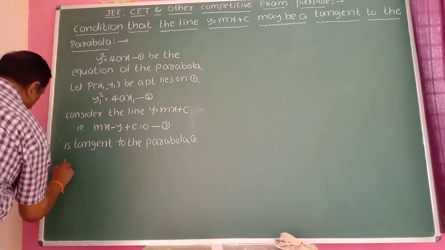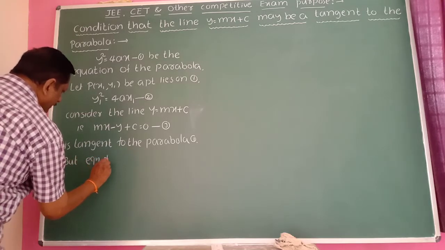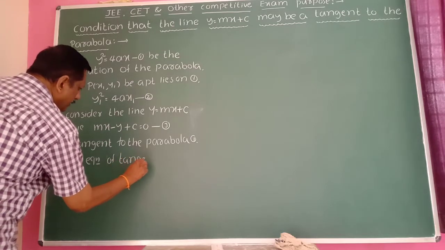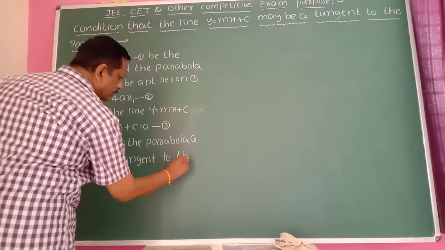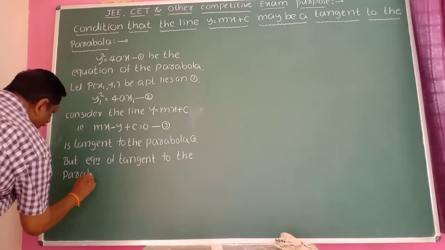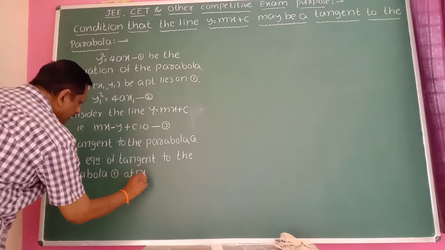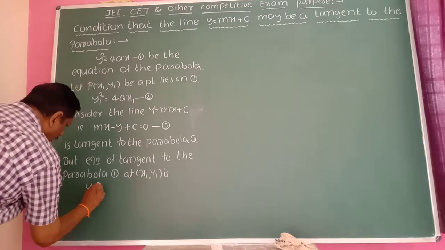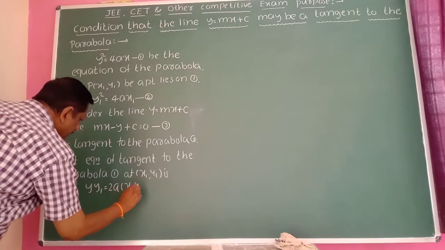But the equation of tangent to the parabola 1 at x1 y1 is y1 is equal to 2a into bracket x plus x1.